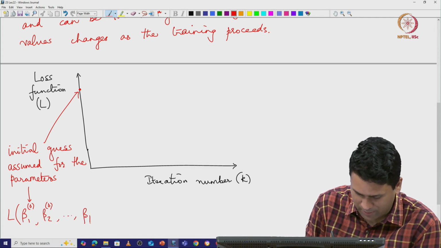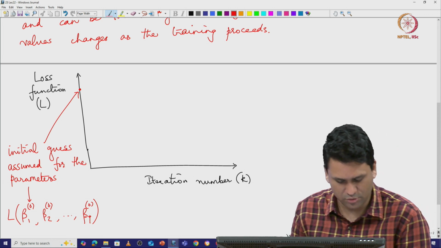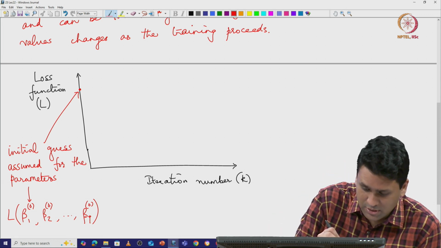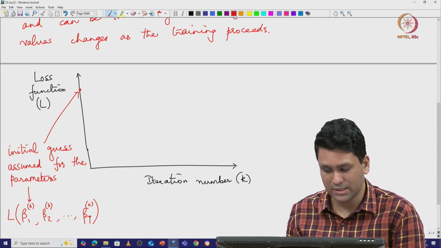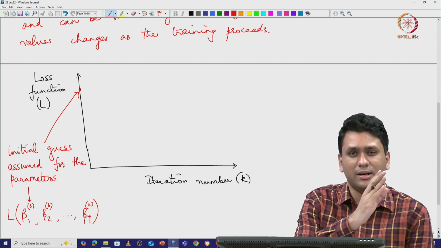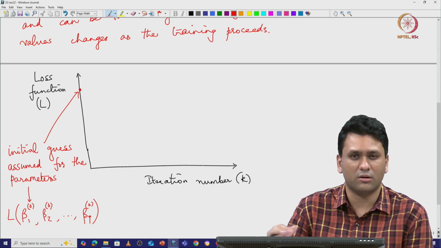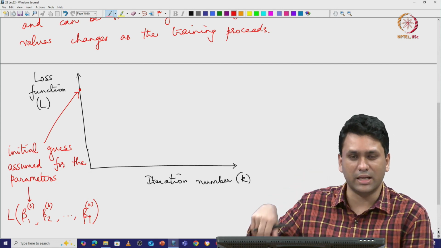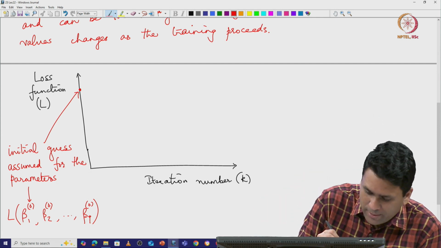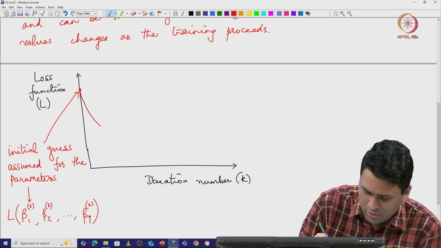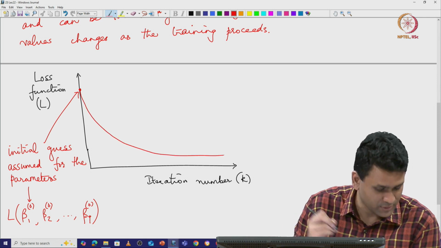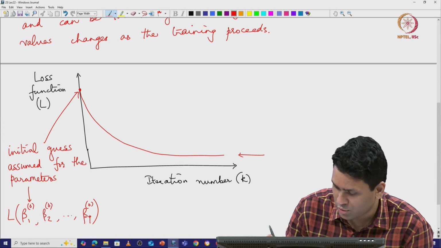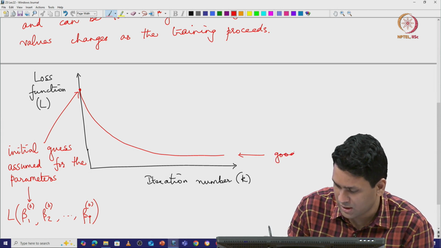Let us say there are p parameters, so b1 0, b2 0 up to bp 0. If you plug these into the loss function, that is the value you are going to plot at iteration number 0, and then as the iterations proceed, as the model trains, you expect that the loss function will come down. The model is learning, it is getting trained. So this is the ideal scenario that you would expect. One may call this a good learning rate or an optimal learning rate.